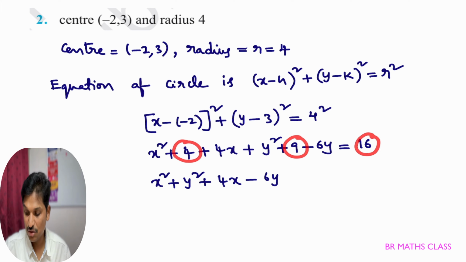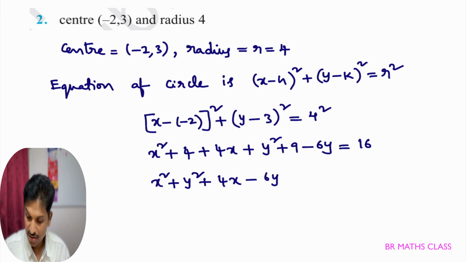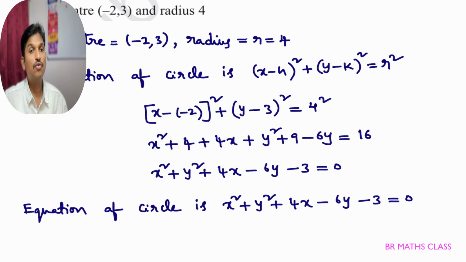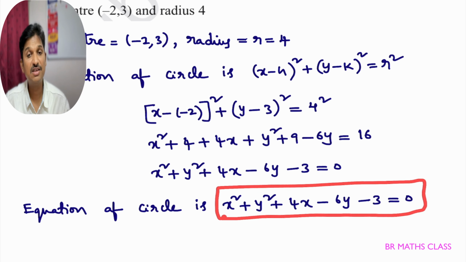You take this 16 to the left hand side, then it becomes 13 minus 16 equal to 0, so that is minus 3. Therefore, finally, the required equation of a circle is x square plus y square plus 4x minus 6y minus 3 equal to 0. I hope you are understanding.